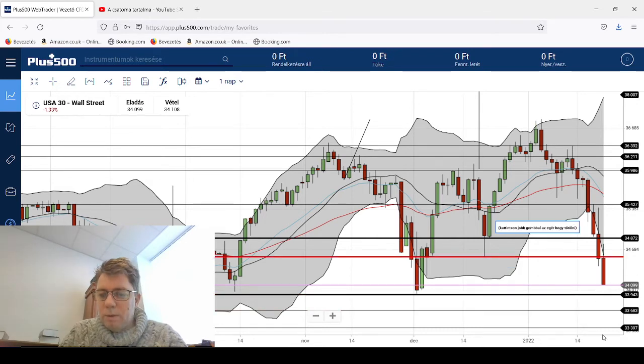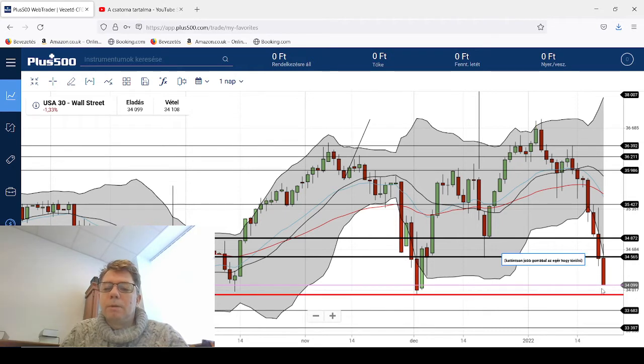So we can hit all these. This is the first support area for me, around 34,000 actually. We are almost there. But on Monday we could still come here, and of course I'm watching these areas. Should we break down, then the next price target is over there.